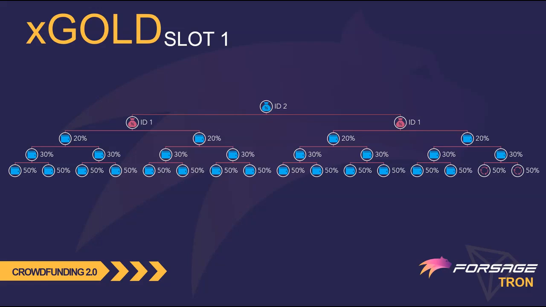Your campaign receives 20% of each contribution in the next series of transactions. It will receive 30% of each contribution in the next series, and 50% of each contribution in the final series. And at the far right of the final series of transactions, you will see two reset contributions, each of which account for 50% of the exact structure's reset and go to ID number 1 in this example.